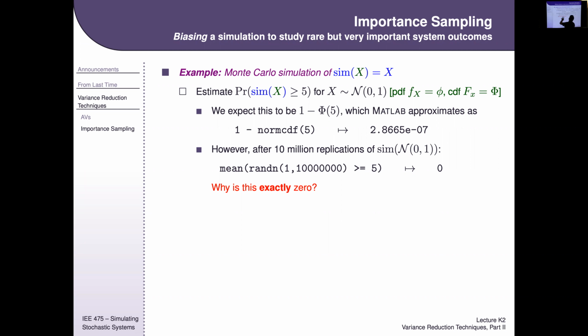So just to say this again, if I'm trying to estimate how often a normal random number is more than 5 standard deviations away, I run 1,000,000 replications of a standard normal, and of those 1,000,000 numbers, I get exactly 0.